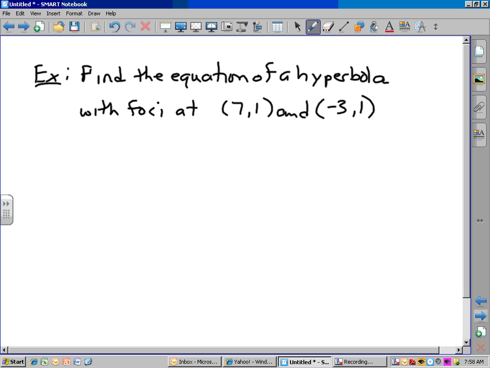Any requests? All right. So where's that? Whose transverse axis is 8 units long?